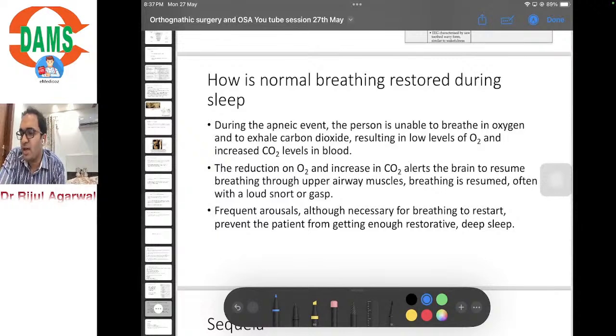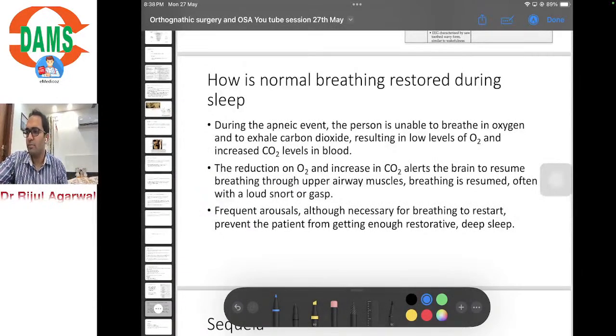As we know from physiology, when the carbon dioxide level increases, it sends a direct alert to the brain to tell the lungs to resume breathing. Breathing is resumed, often with a loud snort or gasp, and the patient suddenly gets aroused from his or her sleep. These frequent arousals, which are necessary for breathing to restart, prevent the patient from getting enough restorative deep sleep.